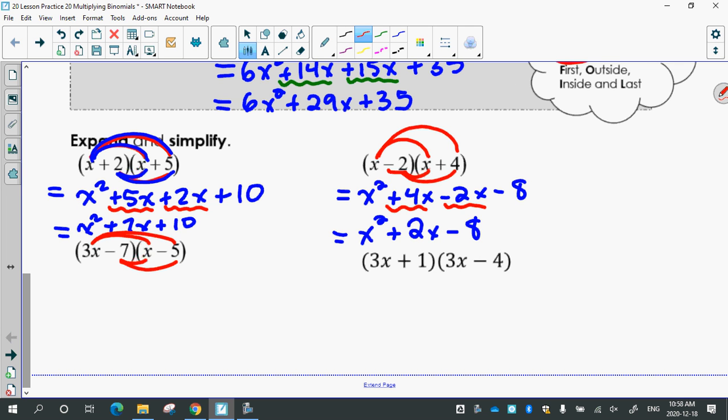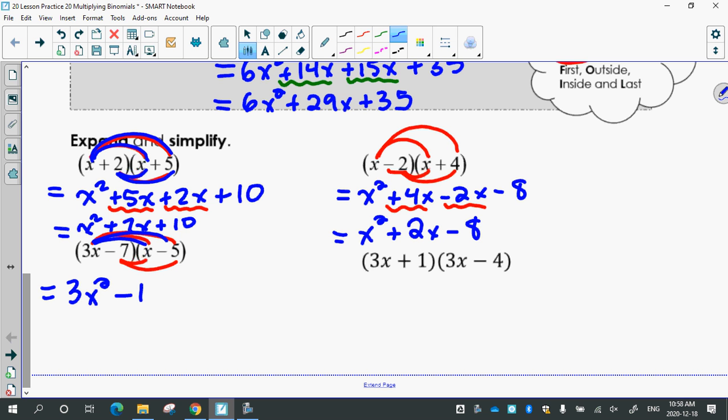4 multiplications. Okay, so the first multiplication is 3x times x is 3x squared.